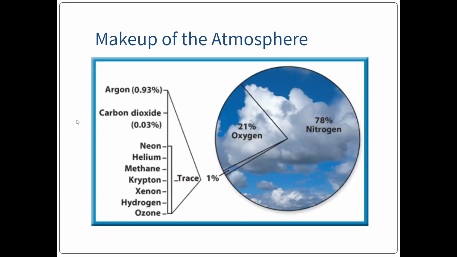This is also a breakdown of what else is in the atmosphere. These are the stuff that you just can't see. You can't see oxygen or nitrogen or carbon dioxide. You can't see that stuff.